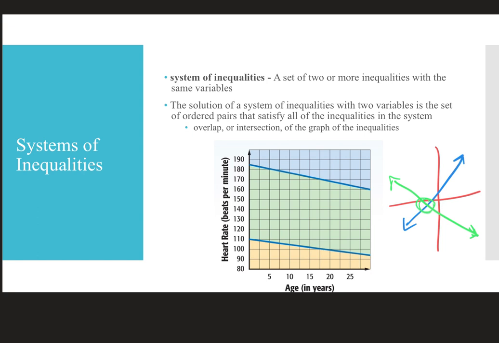But when we do system of inequalities, there's shading involved. So it's not just one singular point or even infinitely many points when your graphs overlap.